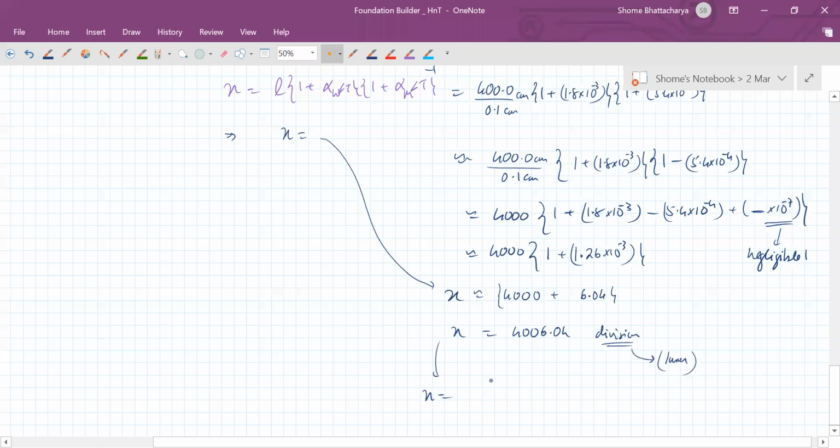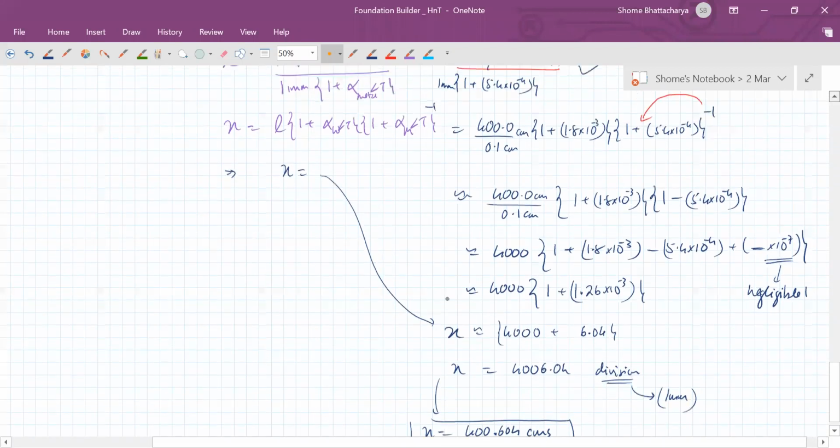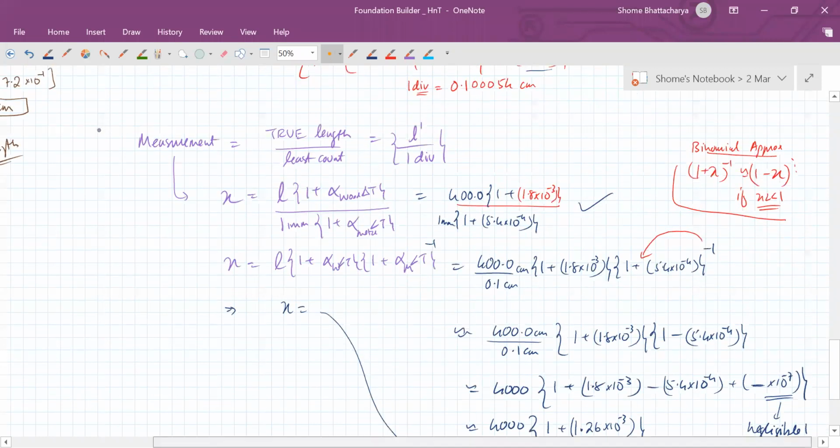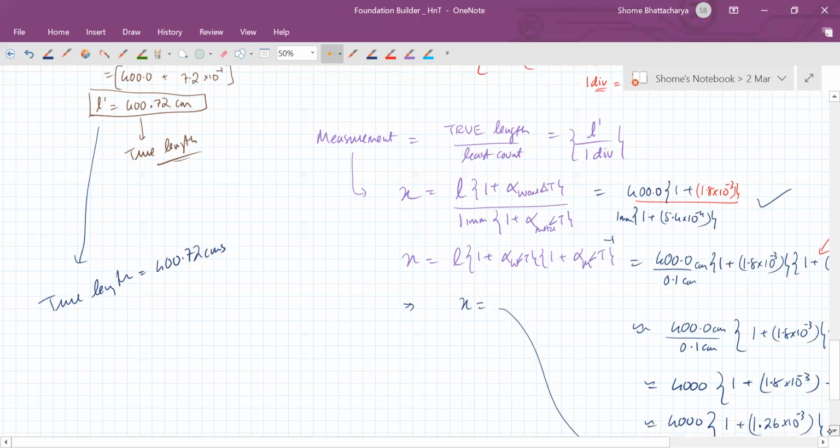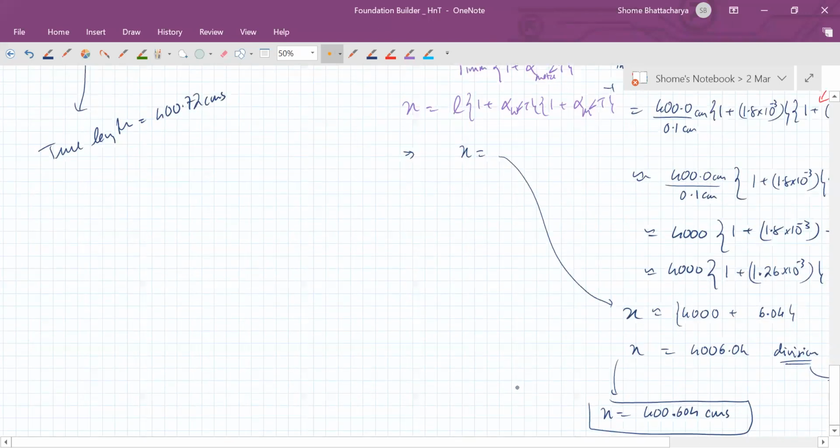So this is the measured value in centimeters, whereas the true value in centimeters you've seen earlier was 400.72. So this is the true length, 400.72 centimeters, whereas the measured length is a little bit less because my scale has expanded.